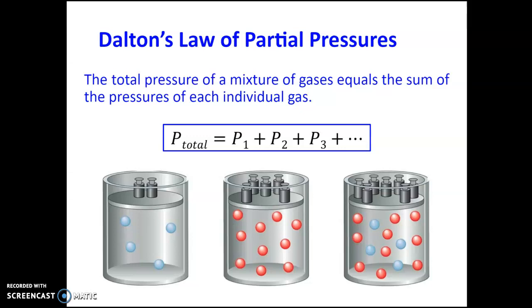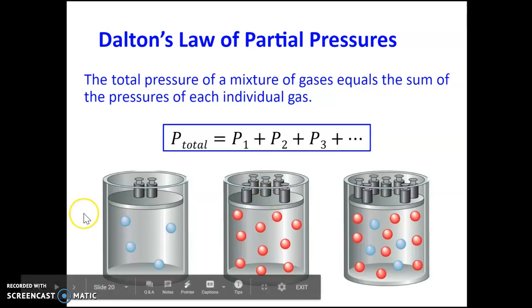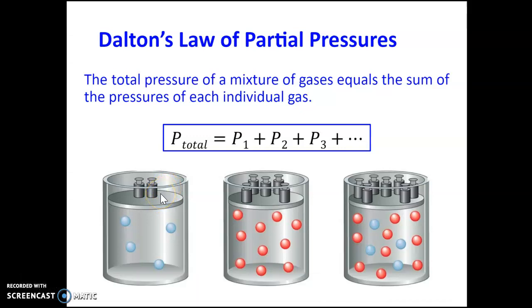Dalton's law of partial pressure is super straightforward. It says that the total pressure is equal to the pressure of each gas in the mixture added together. So if you have one volume for your container, you have 4 little blue molecules, and they require a pressure of 2 to keep the piston at the right height.